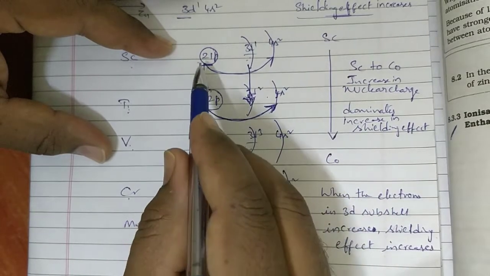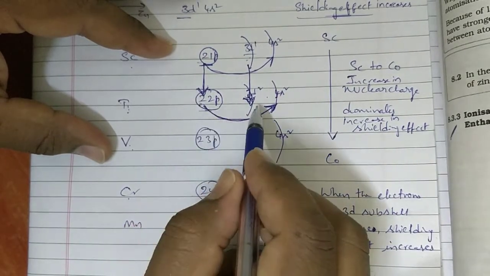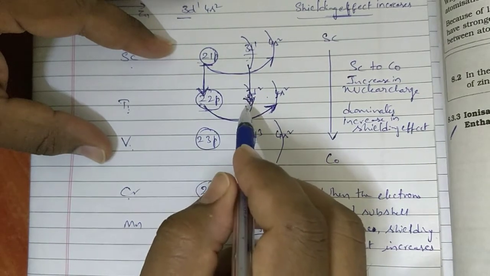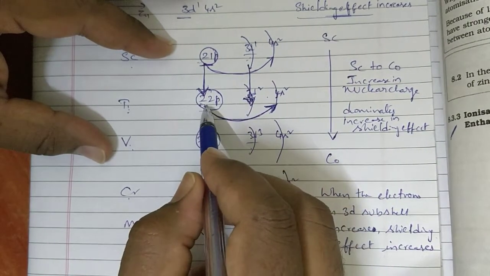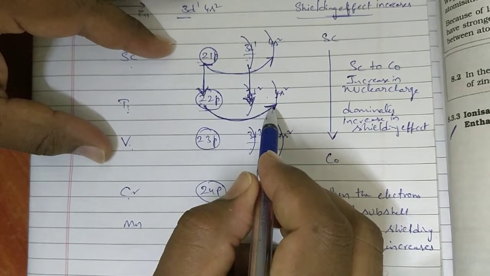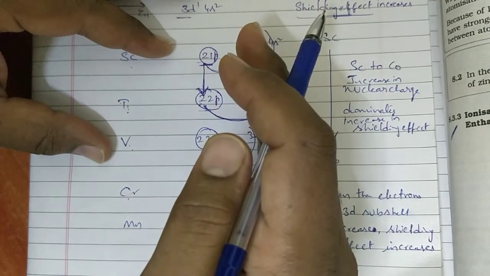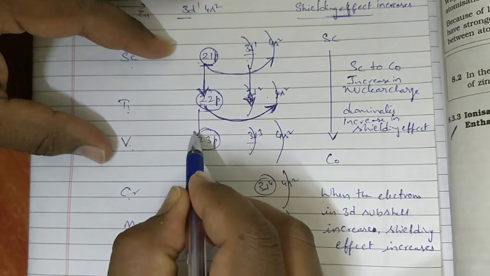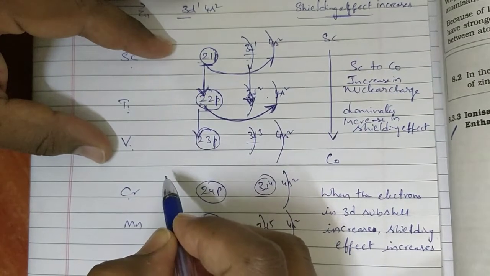Now, because increase in nuclear charge dominates the increase in shielding effect, shielding effect is not that much applied here. So this nucleus will hold the outermost electrons very tightly. Because of that, slightly they will come closer. Size decreases. Next, from titanium to vanadium also, what will happen?